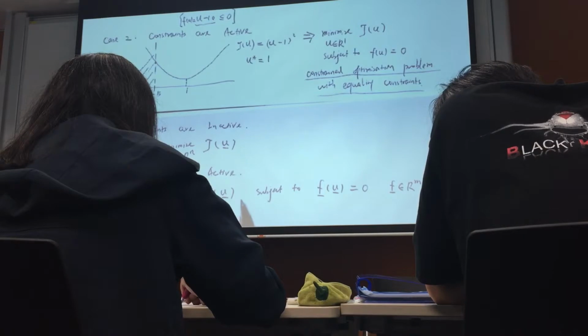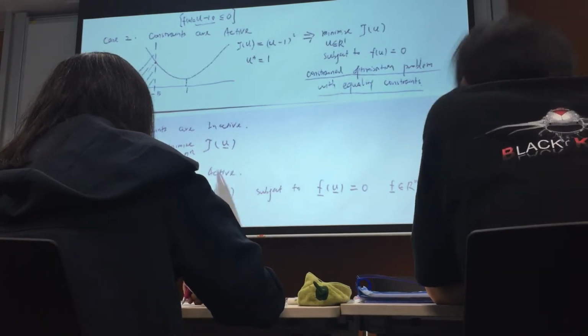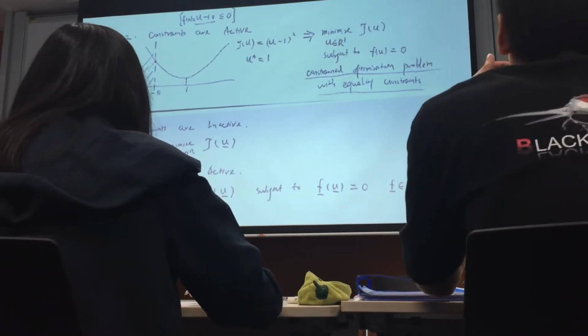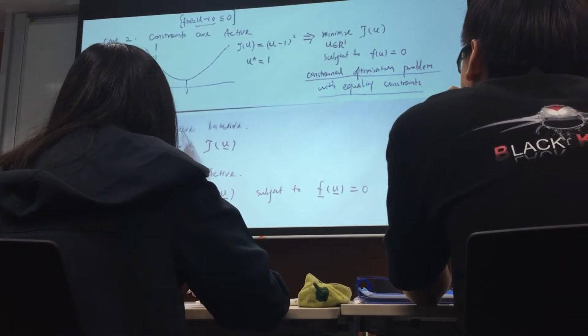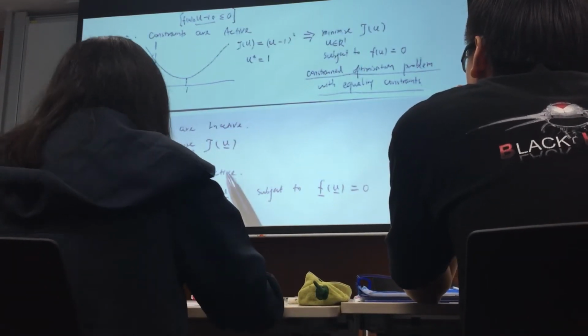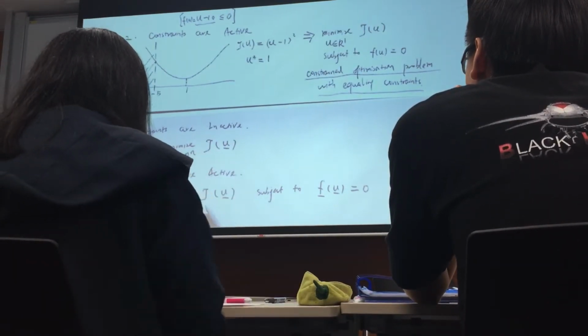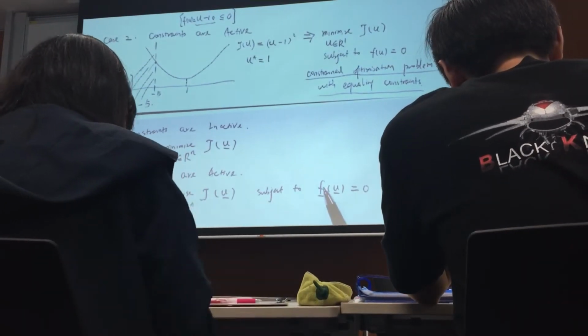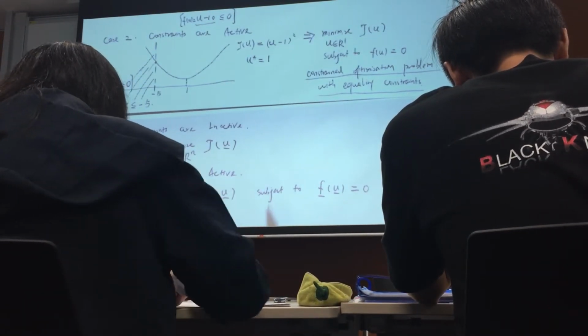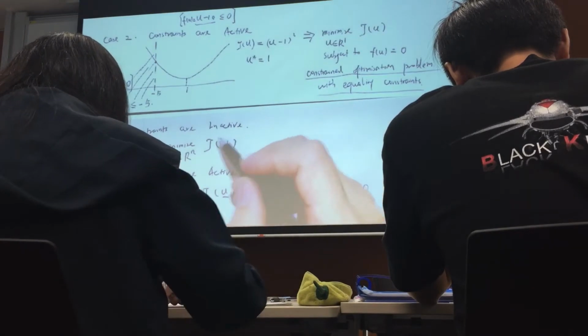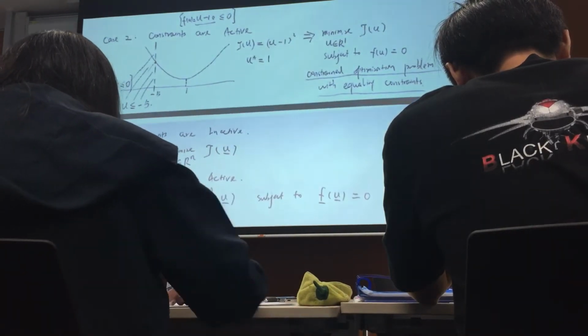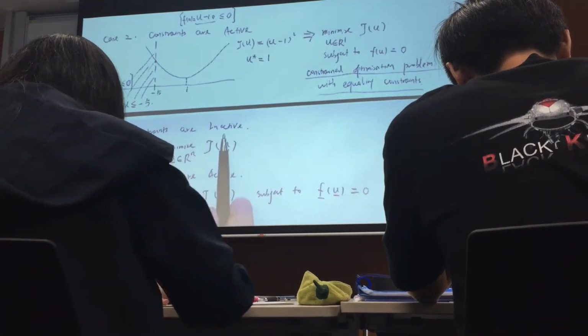So from here we know the inequality constraint problem can be divided into these two scenarios. And for either scenario, we already know the solutions. But now the problem is we don't know when the constraints are active and when the constraints are inactive.